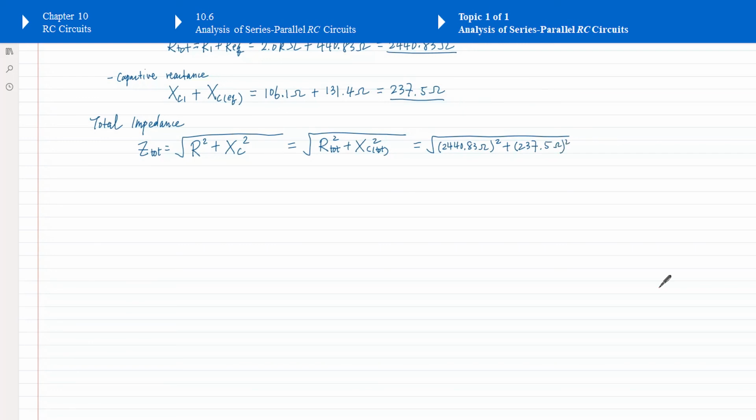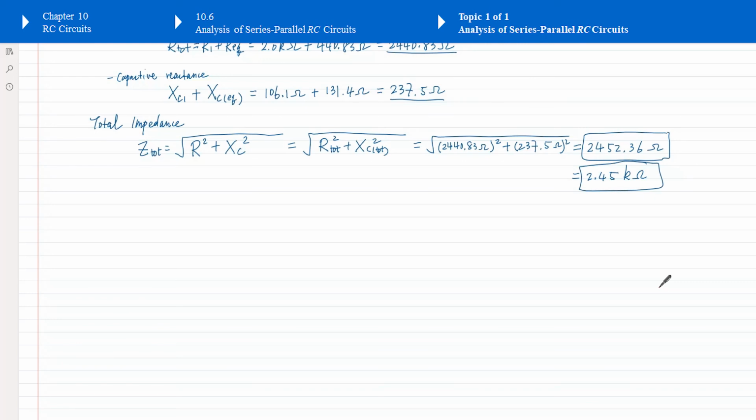Here I have to use a calculator. I got 2452.36 ohm. That is the total impedance of this circuit. Let's make it look better: this equals 2.45 kilo ohm.